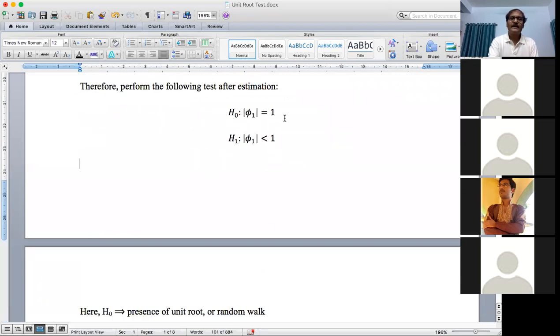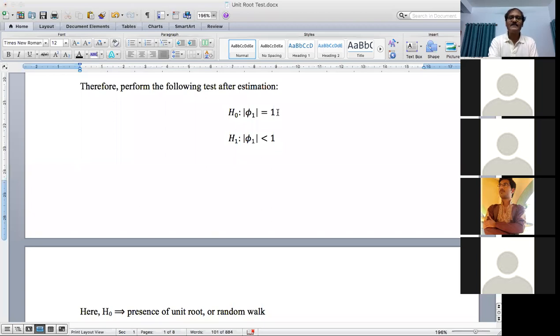So in this case, the null hypothesis suggests the presence of unit root, or if you put phi1 is equal to 1 in the AR1 specifications we have, either in equation 1 or 2 or 3, if we substitute phi1 is equal to 1, then you have a model what is known as the random walk model. So presence of unit root in AR1 is synonymous to random walk.